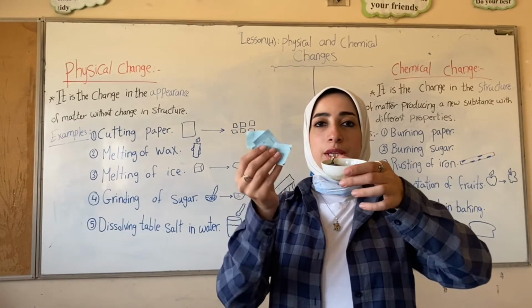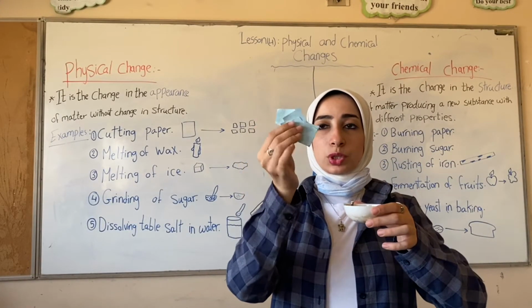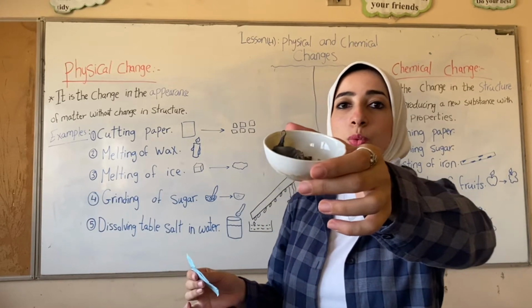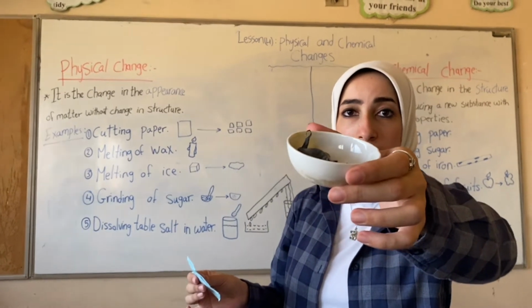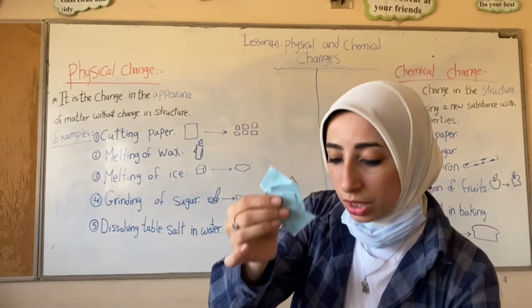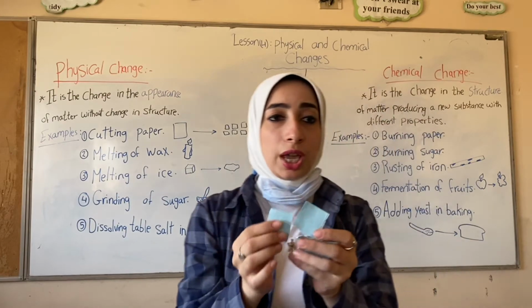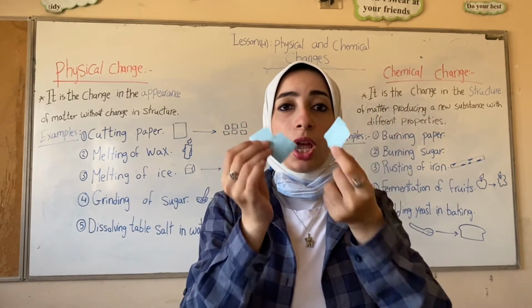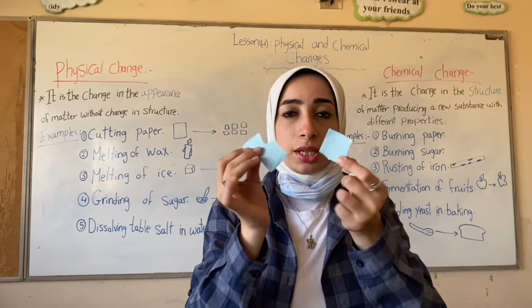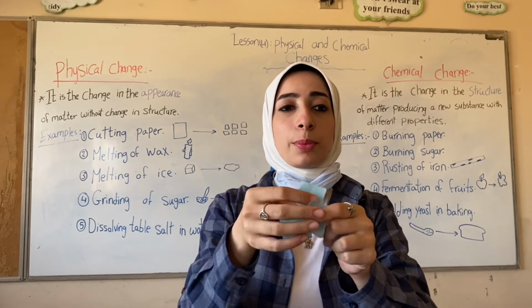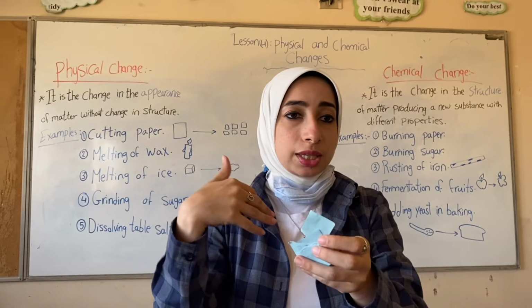After these two experiments, the first one where we cut the paper into pieces and the second one where we burned the paper, for the first one we observed that the paper doesn't change, its color doesn't change, it remains as it is. It's a paper, I can write on it, and I can also stick the parts together again and regain its shape.